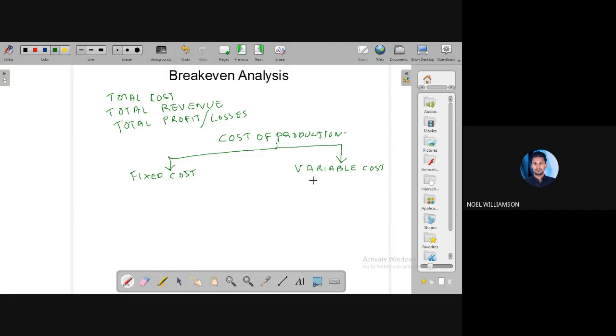That is, the variable cost will be dependent on the number of products produced. So these are the two types of cost of production. First one is the fixed cost, which is independent of the volume of production, and the variable cost is dependent on the volume of production.